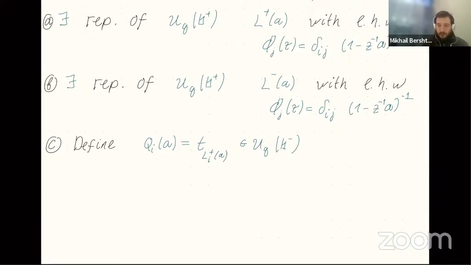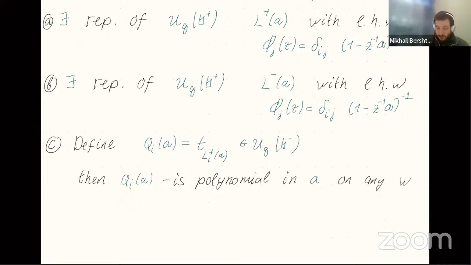Here actually there should be some twist, which I ignore for this discussion, so this formula is not literally correct. And the property is that this Q_i of A is polynomial in A on any finite dimensional representation W.